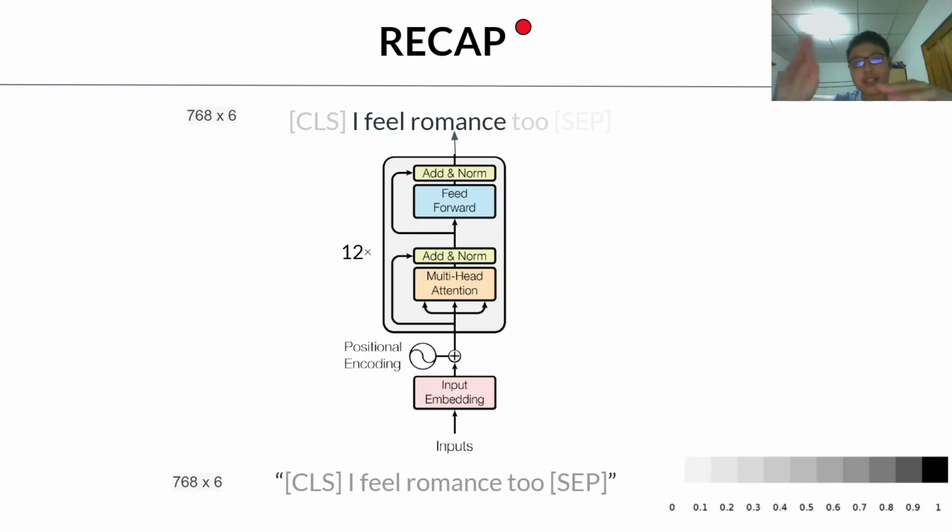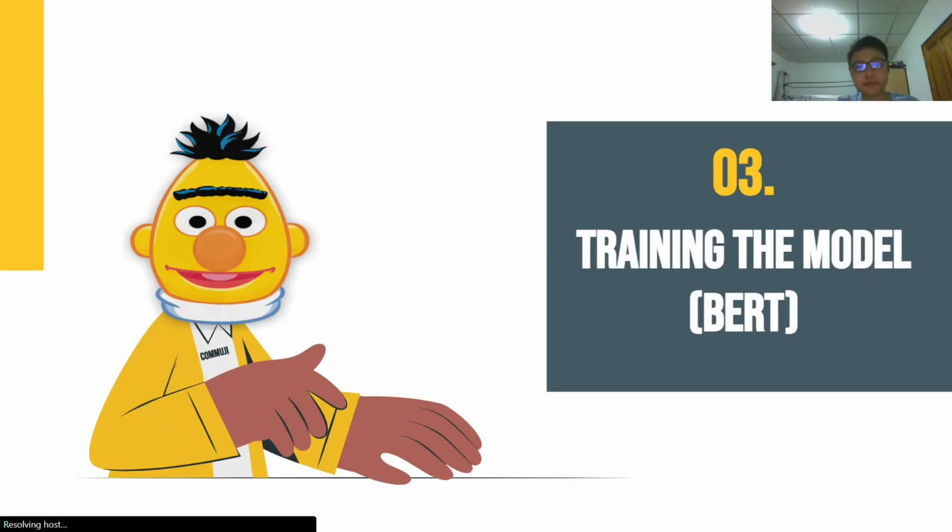In this case, you can see that the words I, feel, and romance get the highest weight. But note that the weights of them when we sum together must be 1, just like probability theory.